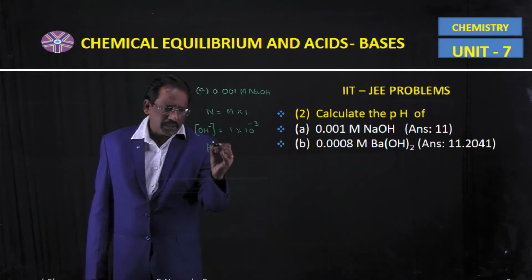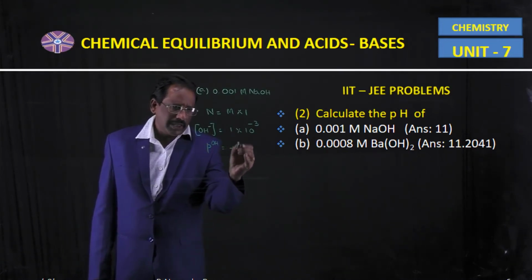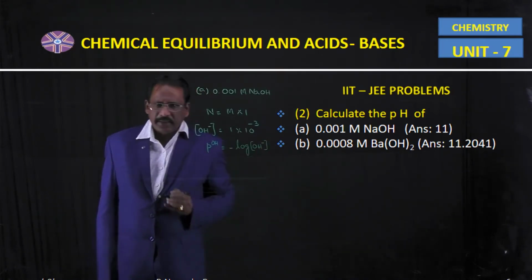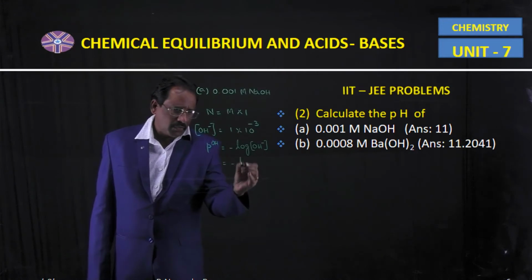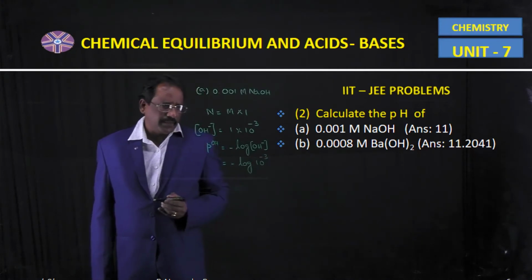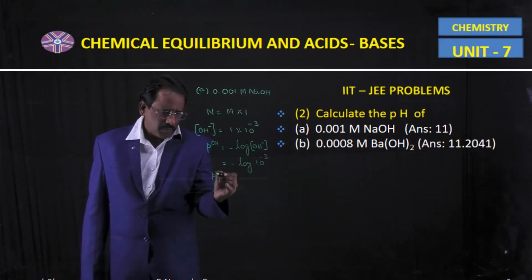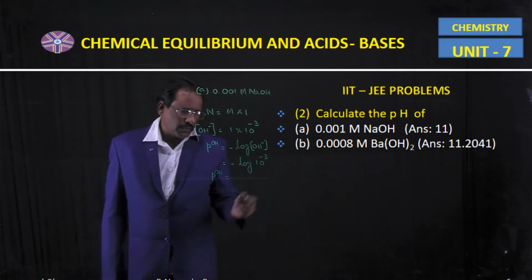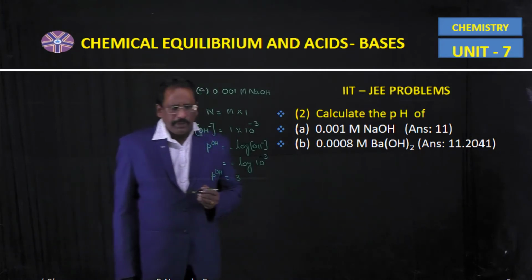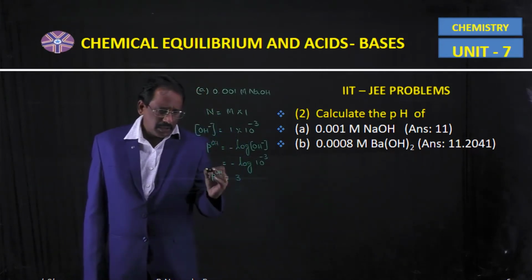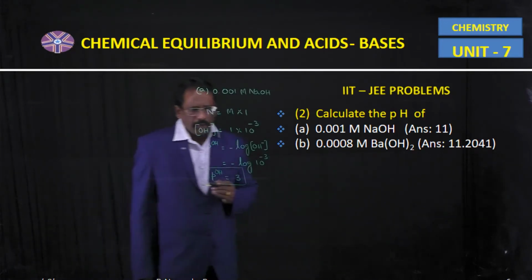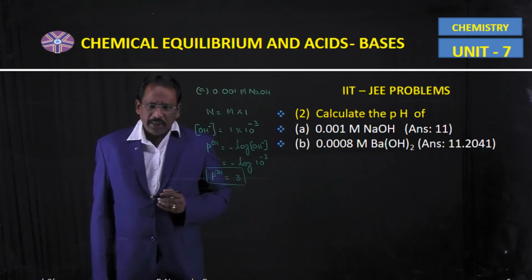Now pOH is equal to minus log OH minus, this is equal to minus log 10 power minus 3. Therefore pOH of the solution is equal to minus 3 into minus 1, 3. Log 10 to the base 10 is 1. So for this alkaline solution, pOH is equal to 3.